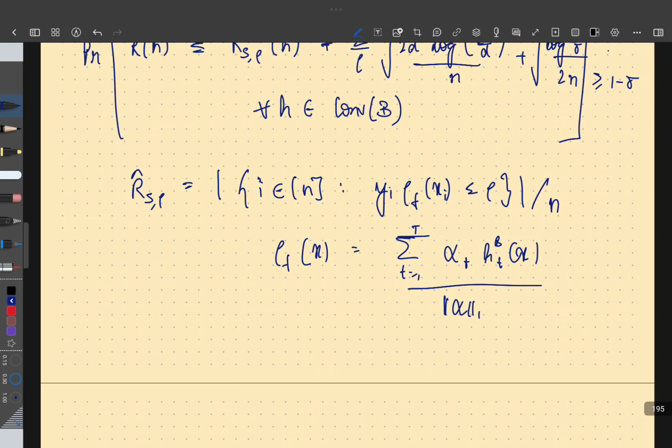It's divided by n. So this is the fraction of points for which the margin is less than or equal to rho, with the margin being defined in this slightly different way with respect to the L1 norm rather than the L2 norm.